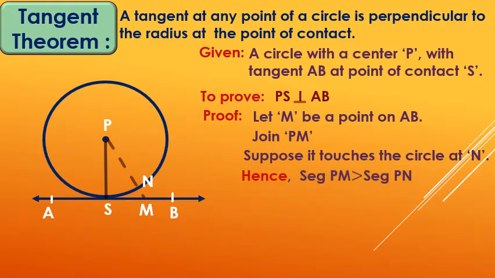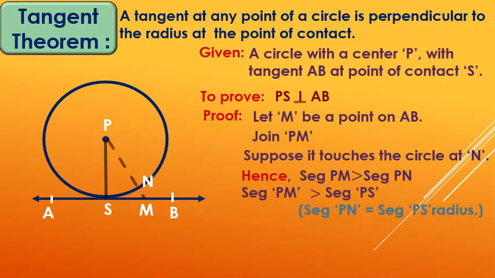Hence, we can compare this PN and PM. You know that PM is greater than PN. Same thing here. Segment PM is greater than PS because PS and PN both are equal because they are radii of the circle. Correct?